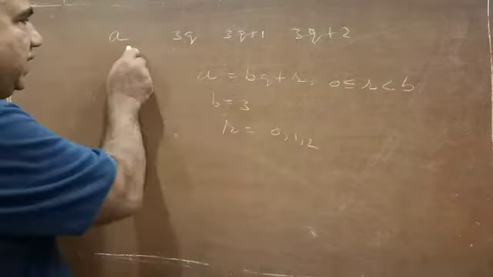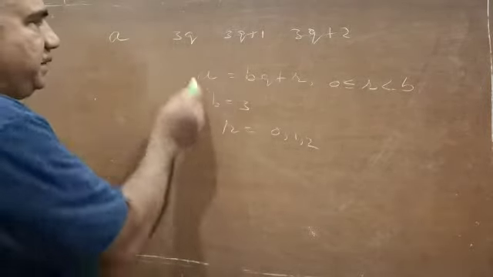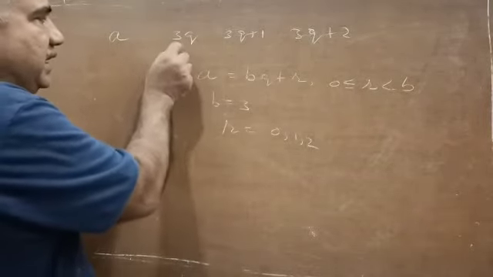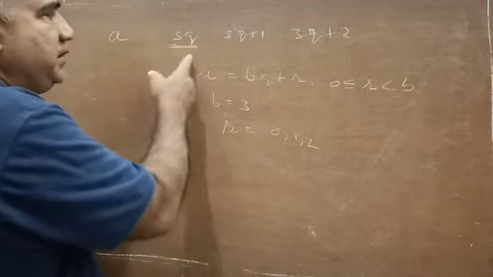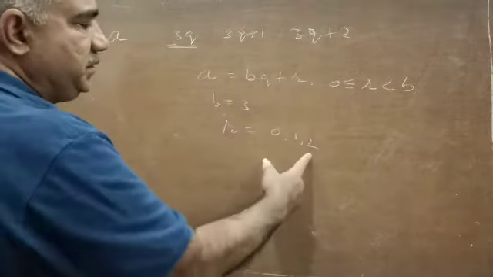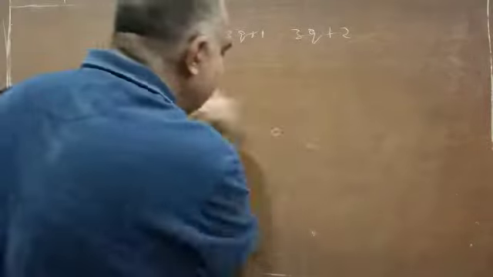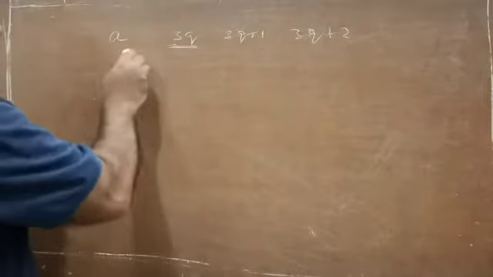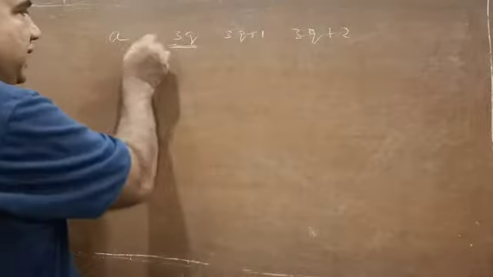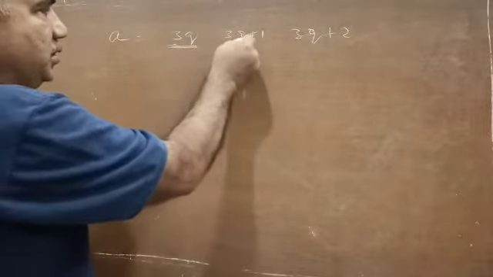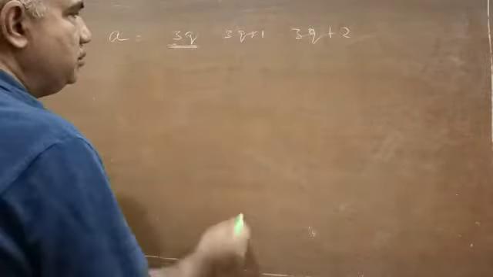So this positive number, if you take 3 as divisor, can be written only in this way: 3q, 3q plus 1 or 3q plus 2. Beyond this we cannot go because our remainder does not permit. So the number has to be like this. It is either 3q or 3q plus 1 or 3q plus 2.